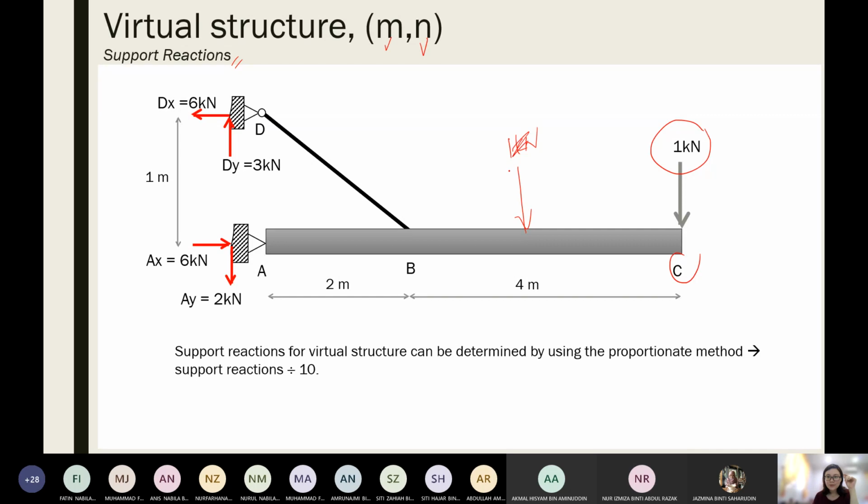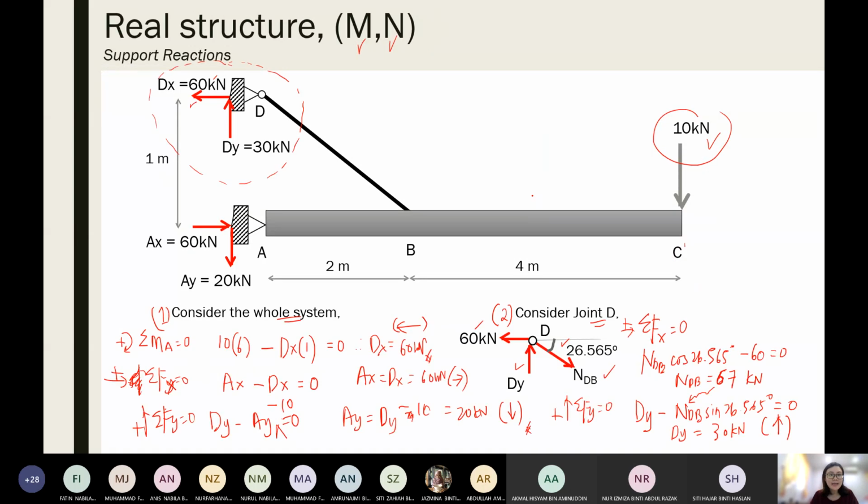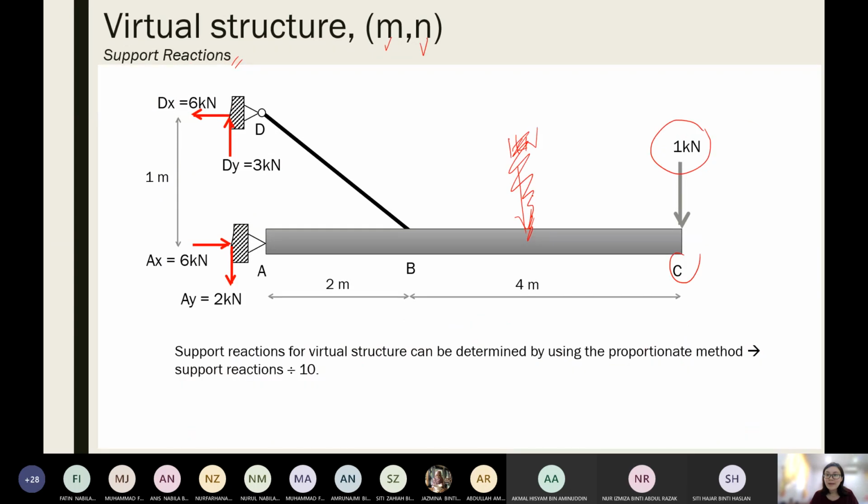Are you okay on these slides? Yes. So we are just using a proportionate method, and all the support reactions are just divided by 10, because the 1 kilonewton acts exactly like the real structure.